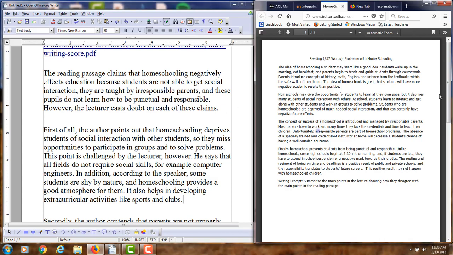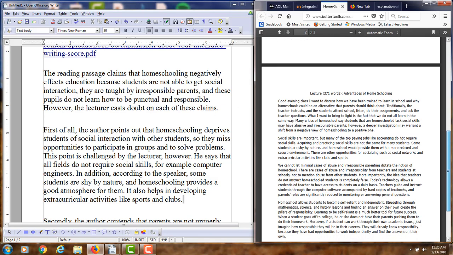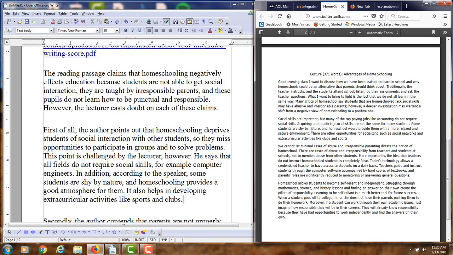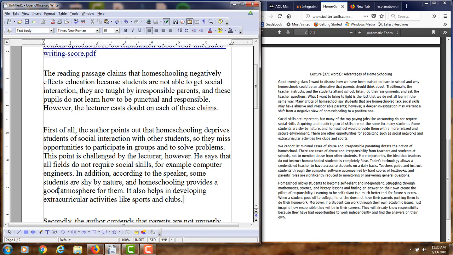And let's go back to the lecture here, make sure that we are explaining things. So we have, it says homeschool will provide them with a more relaxed and secure environment. You might want to say, instead of good atmosphere, how about easygoing atmosphere for them.